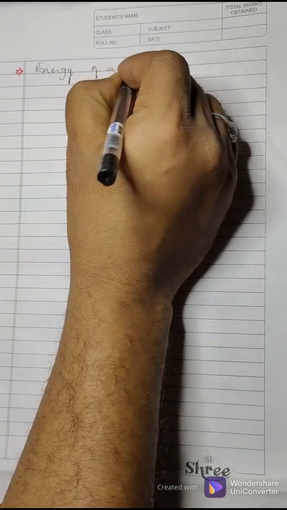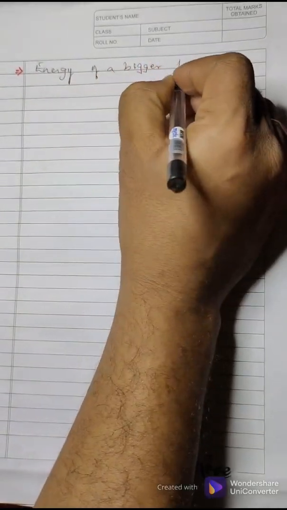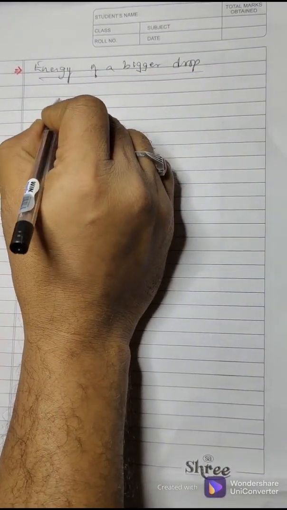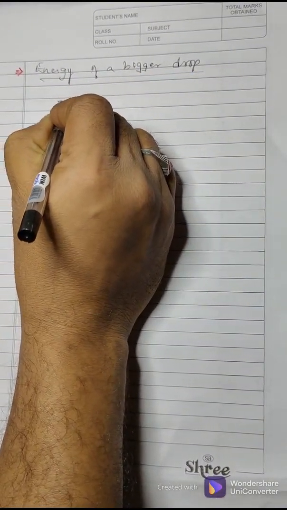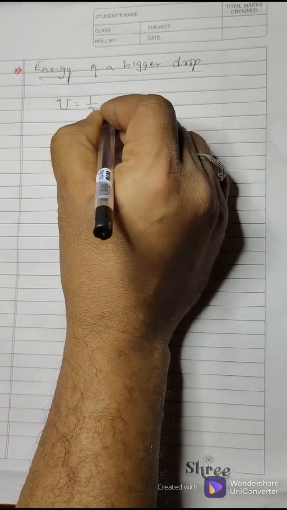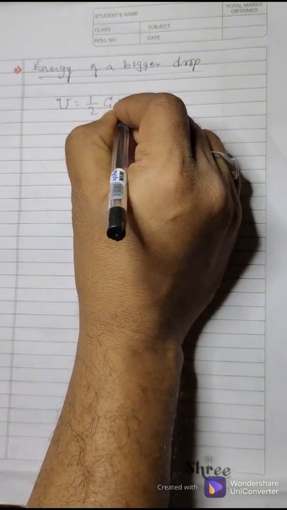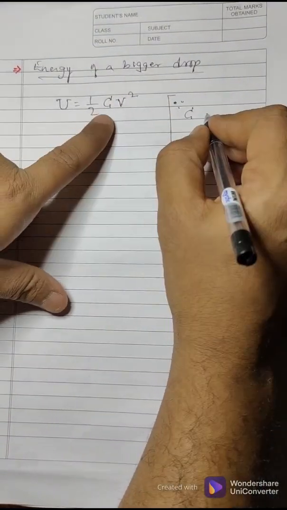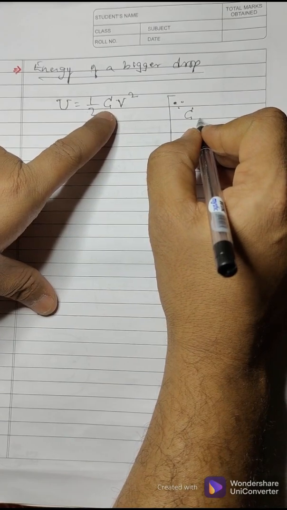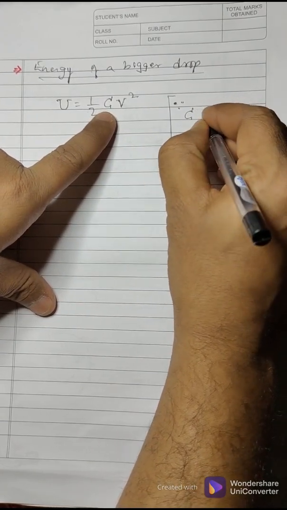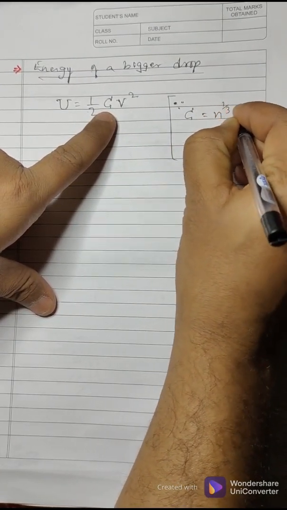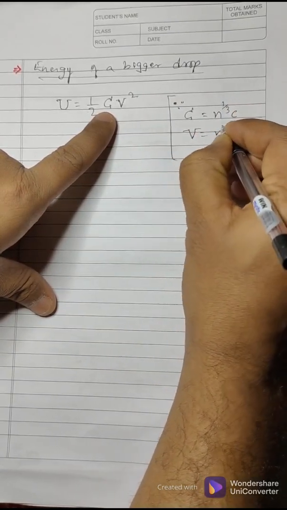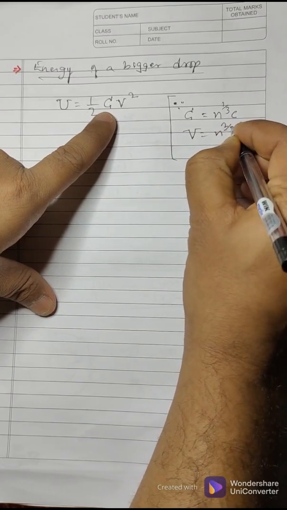Energy of a bigger drop. Now, as we know that energy formula, capital U is equal to half C V square, capital C, capital V square. And as we know the relation between capital C and small c, capital C is equals to n power 1 by 3 into small c. Similarly, capital V is equals to n power 2 by 3 into small v.